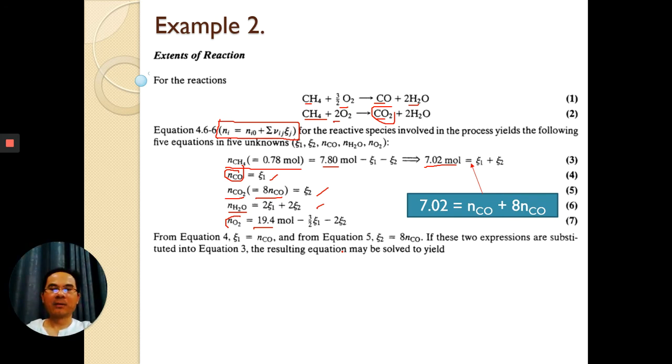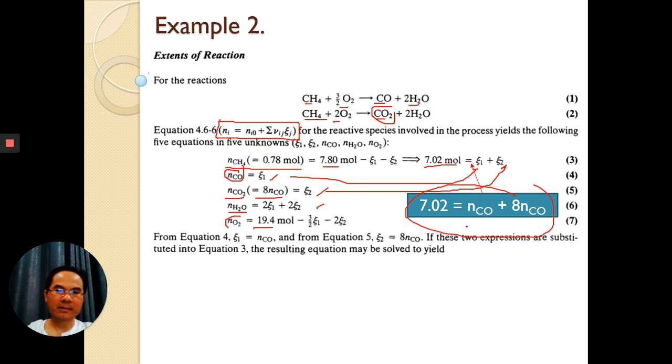Okay. We have 5 equations. If you see that for this case NCO equals C1, you can substitute C1. And also NCO2 equals C2. You substitute it and get this equation: 7.02 equals NCO plus NCO2, with only one unknown.